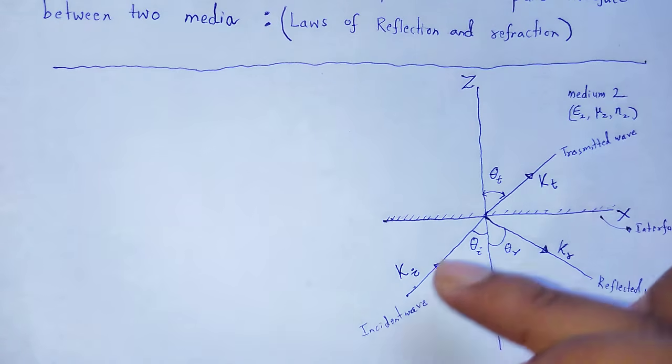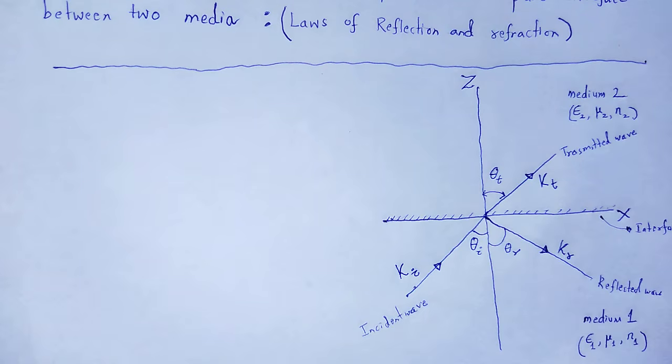This is the incidence of a plane electromagnetic wave. As you know, an electromagnetic wave is nothing but an electric field vector and a magnetic field vector. Here we prefer the electric field vector for our calculation.